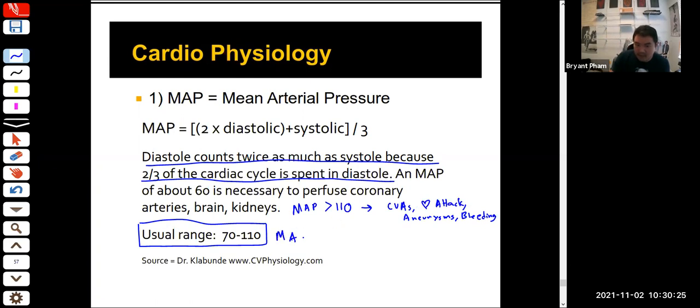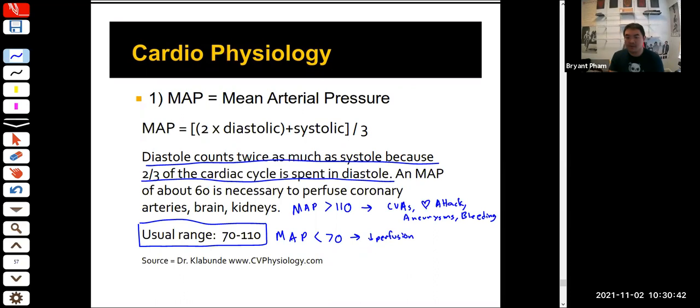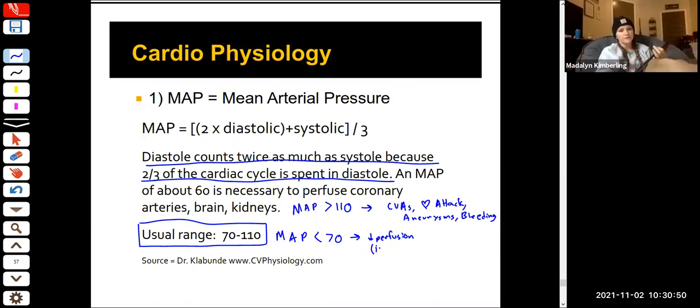If your MAP is below 70, now this is where your blood pressure is so low, you don't have any perfusion. And what's another term for decreased perfusion? Hypoxia.